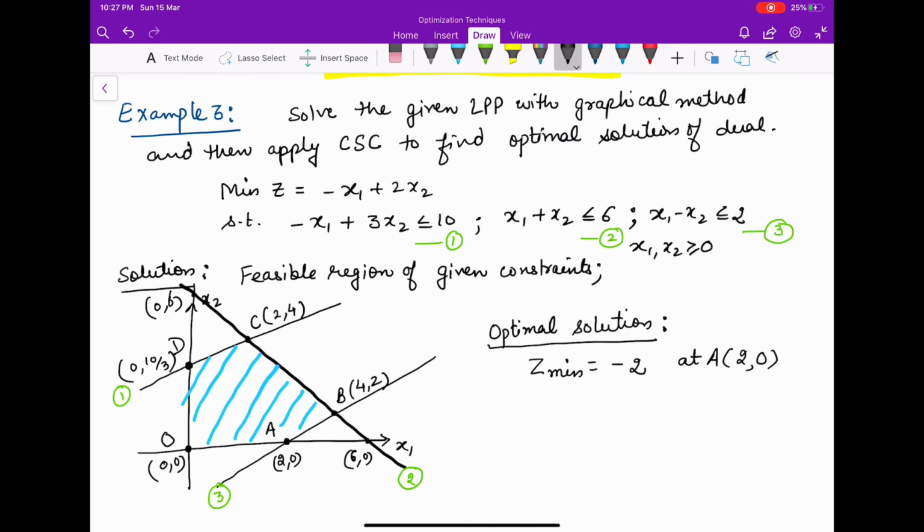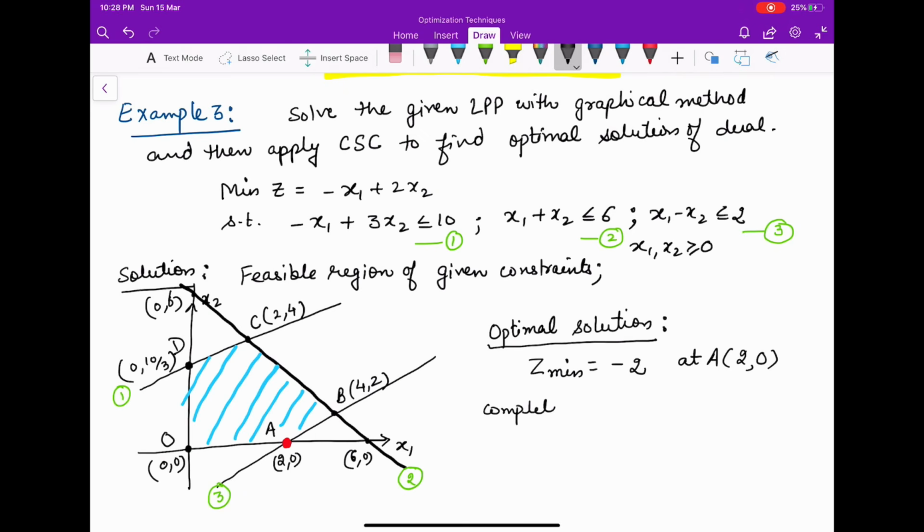Now the optimal solution exists at A, but it is a corner point, and at this corner point we cannot directly say which are the basic variables and which are the non-basic variables.